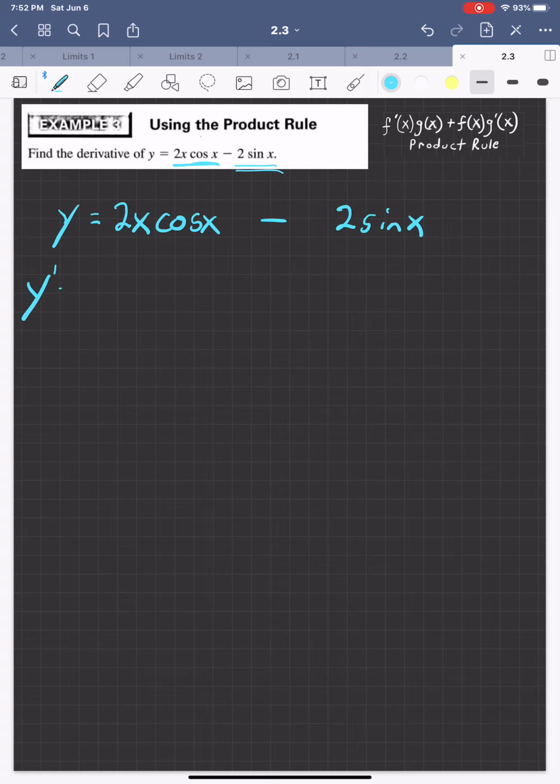So for y prime, let's go through and label. Let f be equal to 2x. Let g be cosine of x. All right, I just need f prime and g prime. In this case, f prime would just be 2.